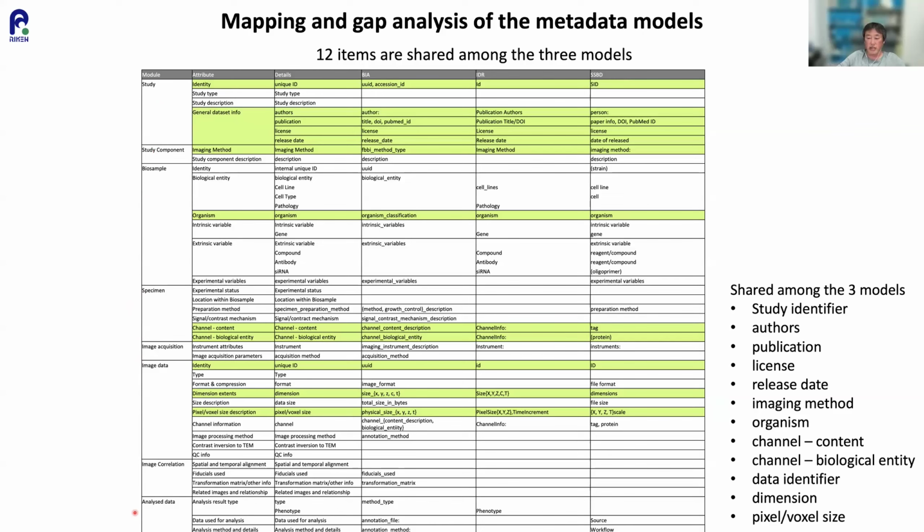As you can see, the green colored components are the terms shared among those three databases. That is 12 items. For example, the author's name, publication, license status, or the organism for the imaging.